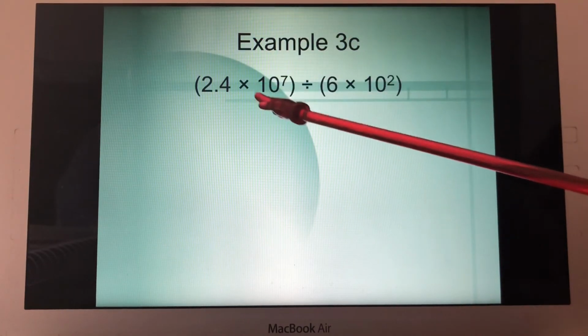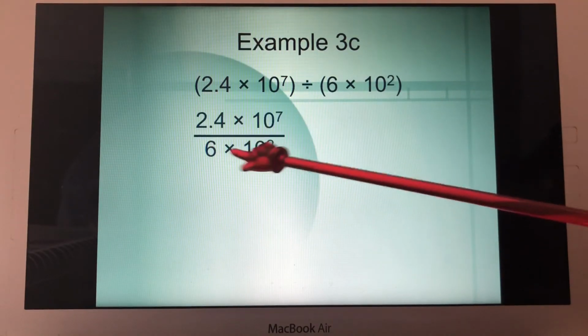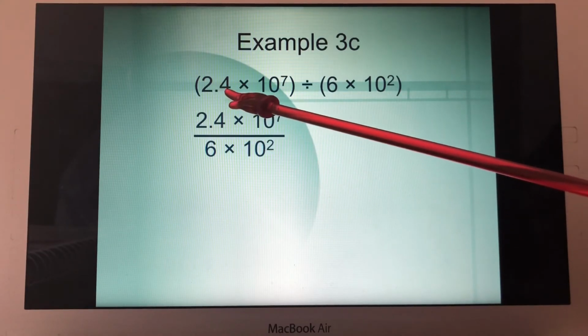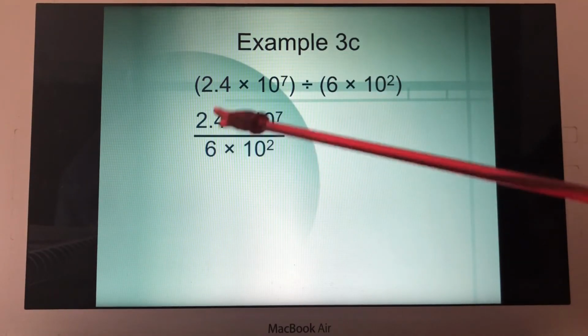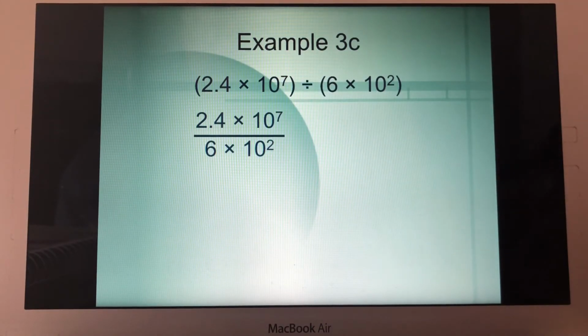Now let's say we're going to take two large numbers here, and we're going to divide them. So you can rewrite it in this format right here. And you have 2.4 divided by 6, and then 10 to the 7th power divided by 10 to the 2nd power, or 10 squared.